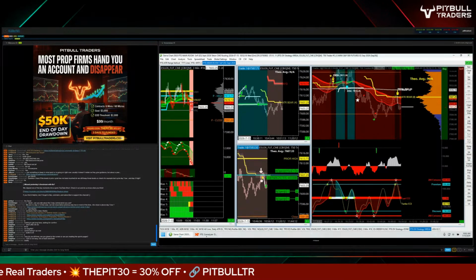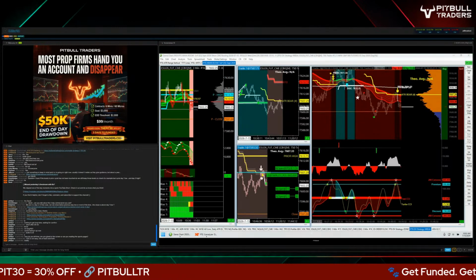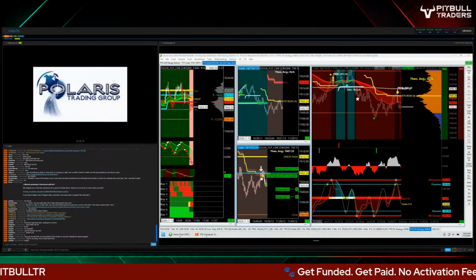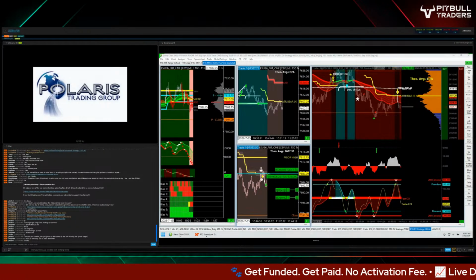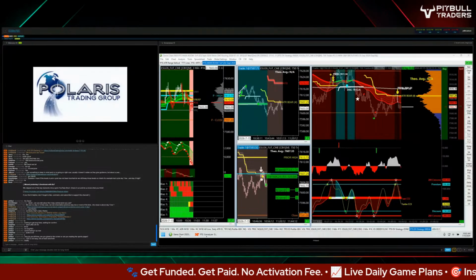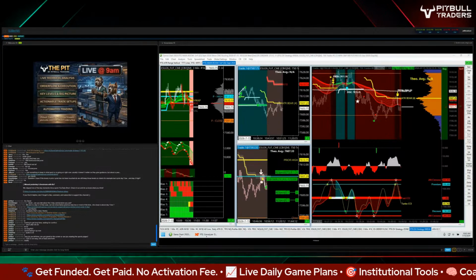So the auto trader, when that criteria is valid, is there doing the job for you, taking that trade. So using an ATA, as we call it, the auto trade assistant, is very helpful.